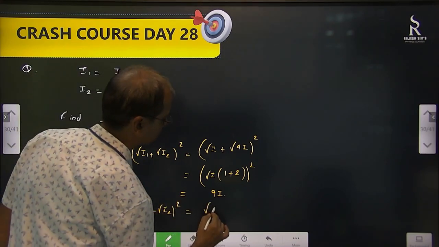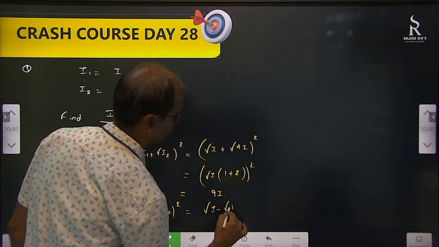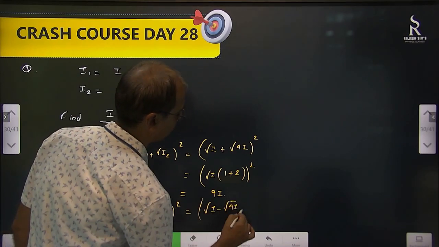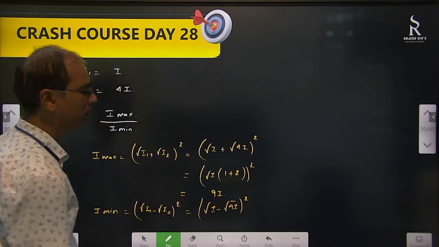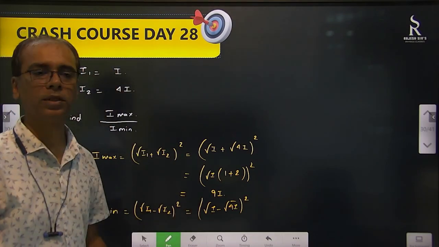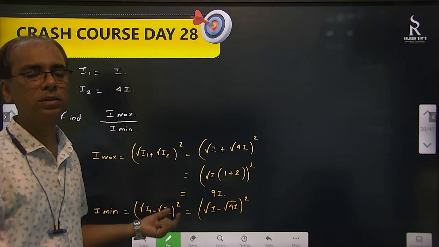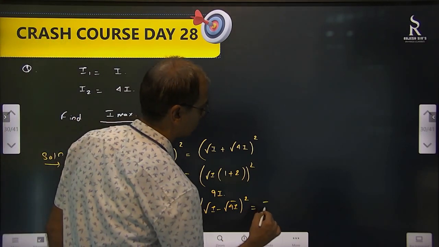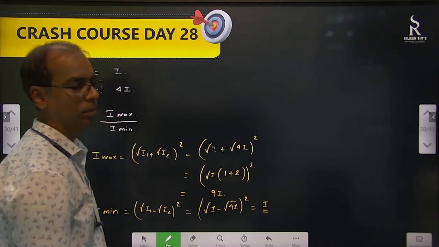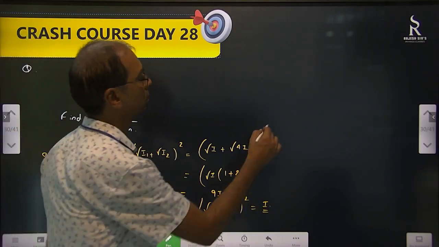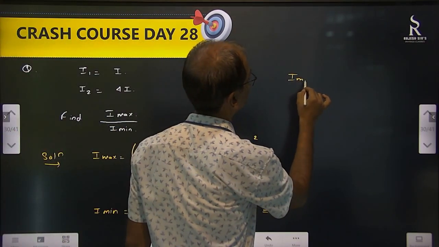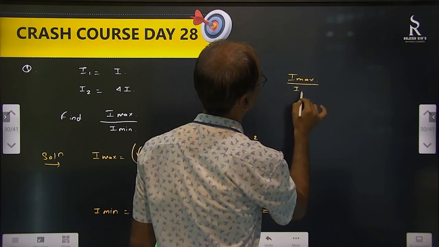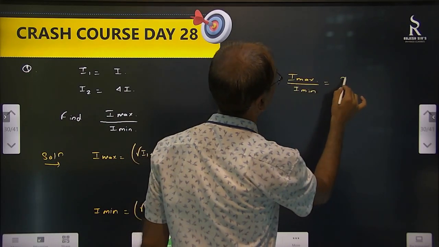That means root I minus root 4I whole square. Again, same way, take root I common. 1 minus 2 is minus 1. So minus root I whole square, that means I. So I max to I minimum is 9.